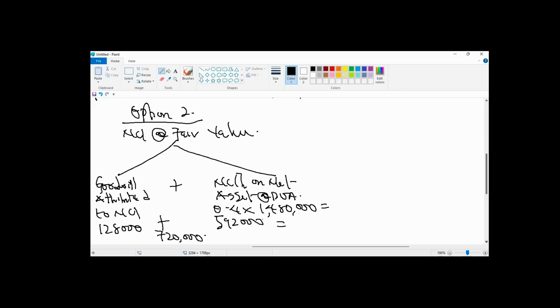It's addition of the goodwill attributed to NCI plus the NCI percentage of the net asset at the date of acquisition. Addition of the two will give me. Look again.